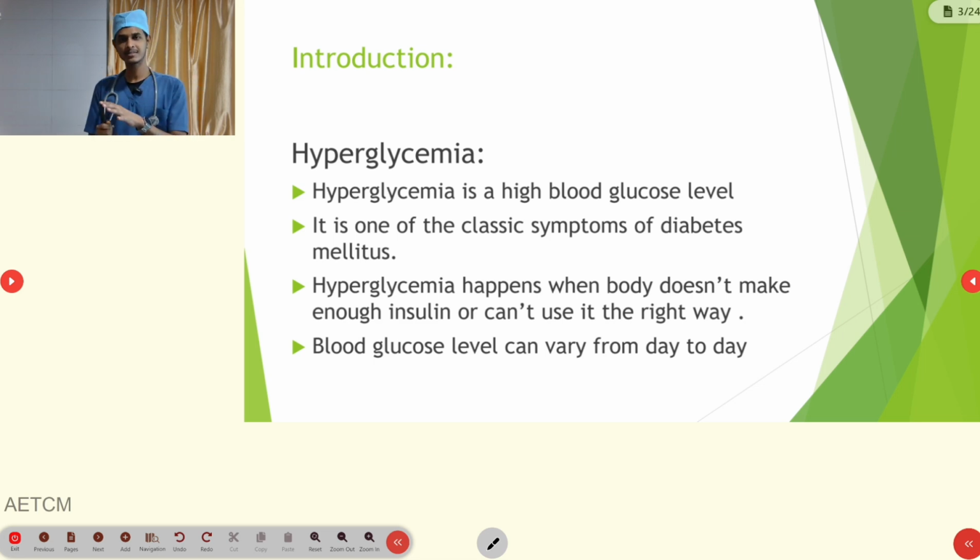First, in a healthy individual after having food, the sugar level will be high, and then insulin will come into action and take over. But if there is a problem in insulin secretion, or a problem in the insulin receptor, the sugar level will stay high, that is hyperglycemia.